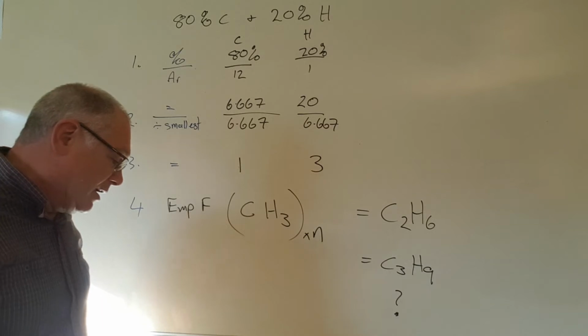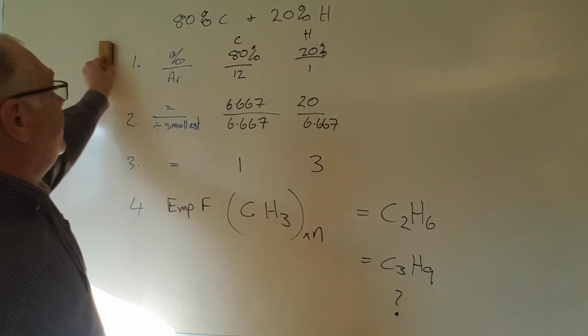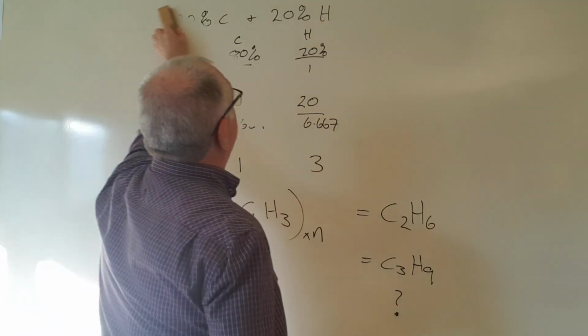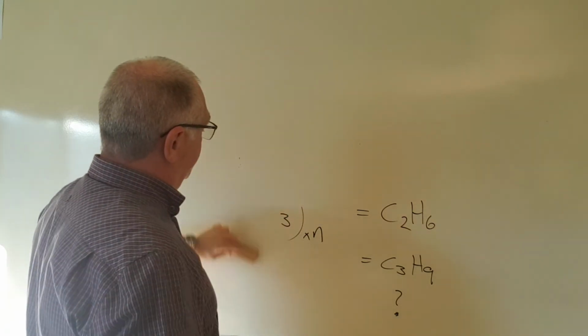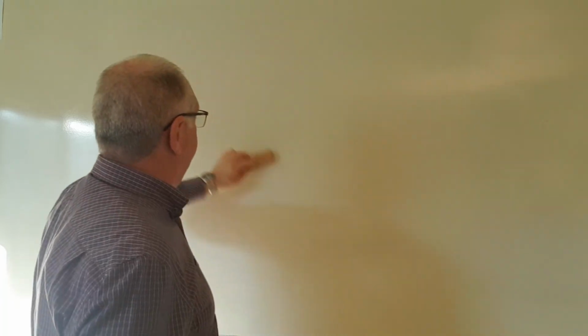Let me do another one for you. This will be a much more complicated one, and this one comes from the ESA textbook, and I will set you some questions to do out of there.